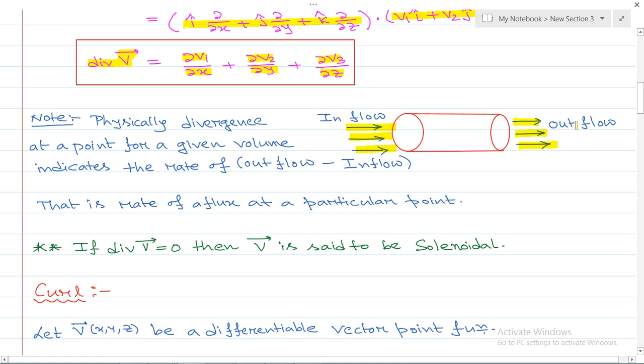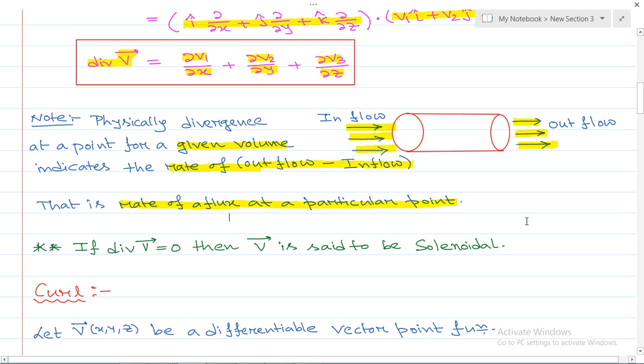Physically, the divergence at a point for a given volume indicates the rate of outflow minus inflow, that is how much fluid is going outside of this portion and how much fluid is coming inside of this portion. The difference between these two will be calculated, and that difference will represent the divergence at a specific point. So in one line we can say the rate of flux at a particular point is represented by the divergence at that point.